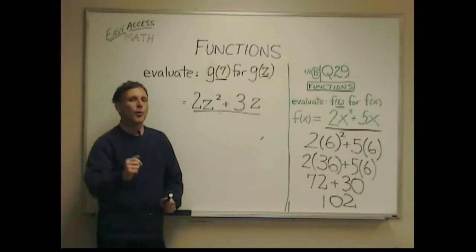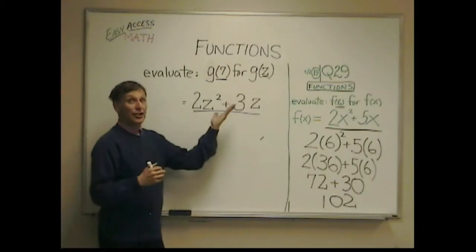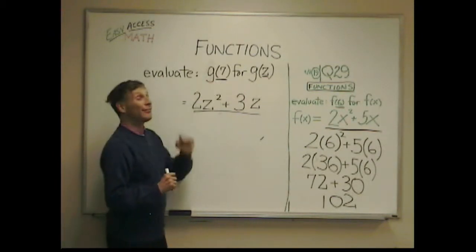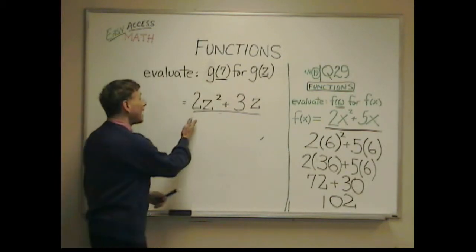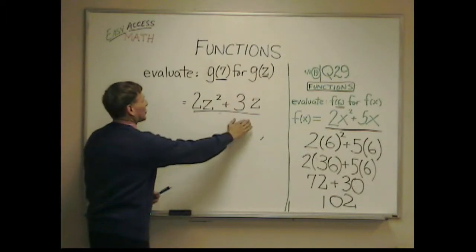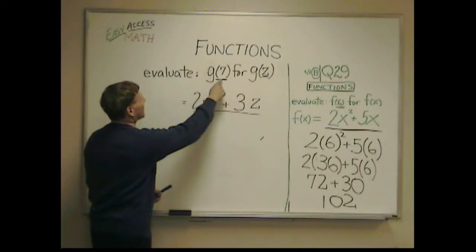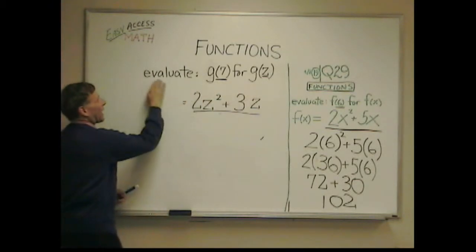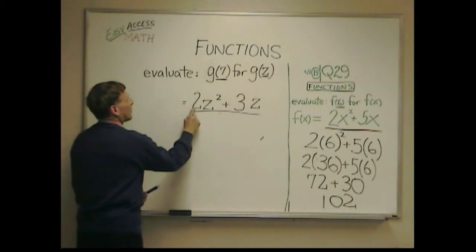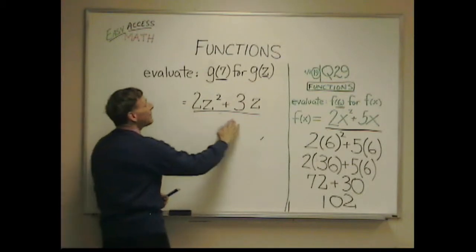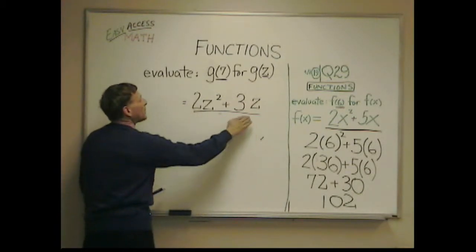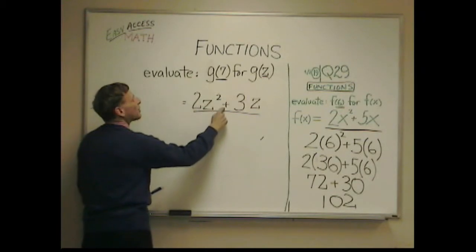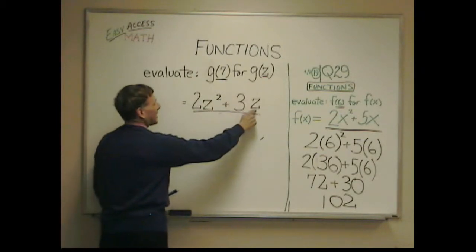Okay, now that we're clear on functions and what you're substituting, remember the number given to you in the function, let's take a look at this function here for g(7). For g(z), you're going to evaluate the binomial expression, 2z squared plus 3z.